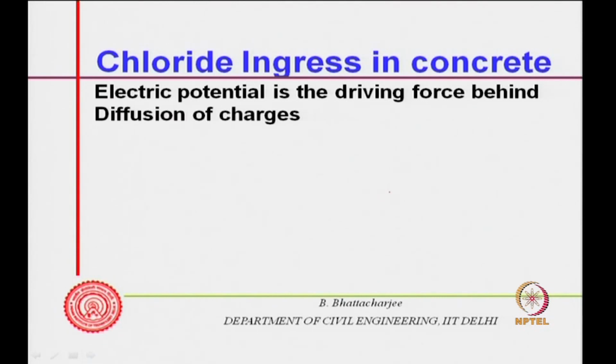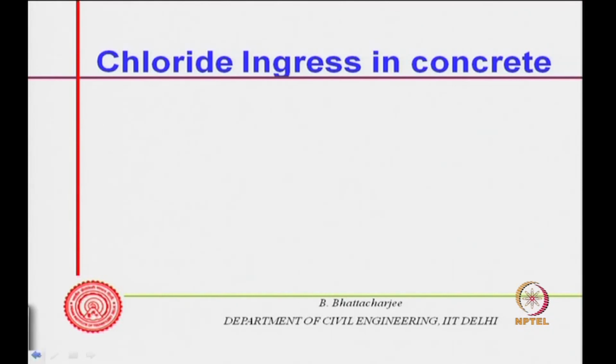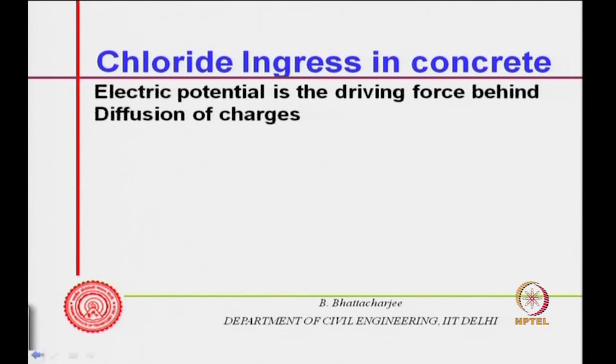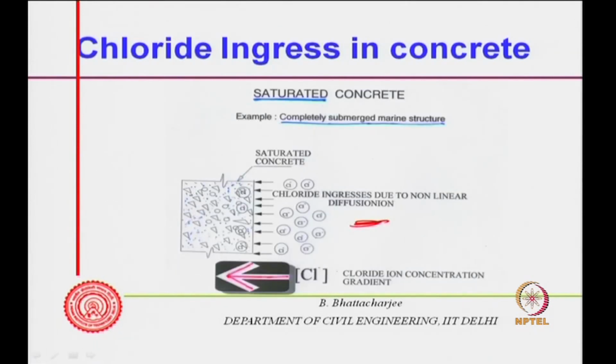If there is a concentration gradient of the charged particles, then there will also be a potential gradient, and that would cause driving of the chloride ions. So, that is what we looked into: in saturated condition, chloride ions are penetrating.